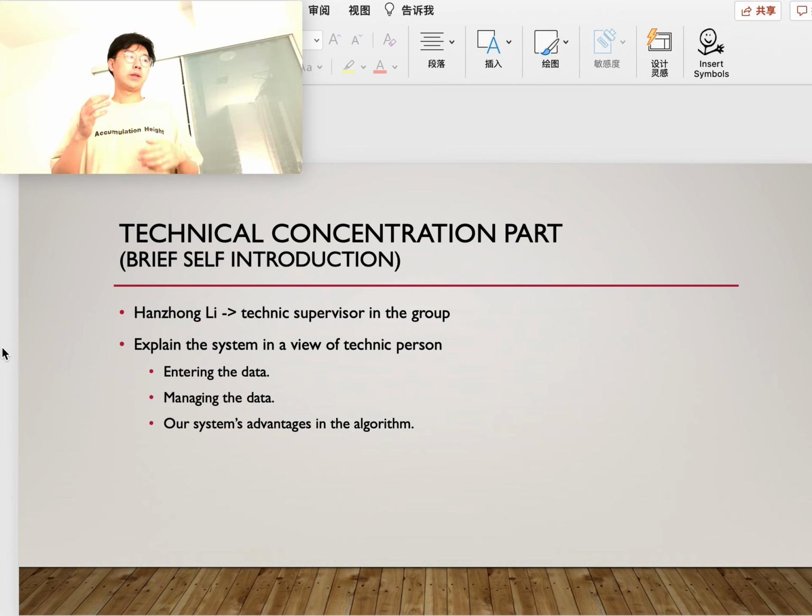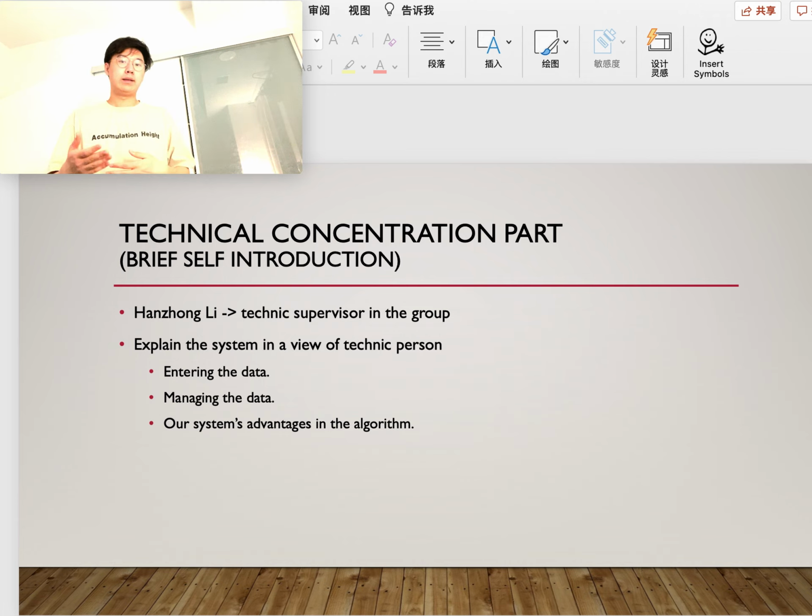This is the reason why he would choose our system from the view of a person who cares about the result. Now, in my part, I will explain why I also want to choose this system from the view of a technical person.